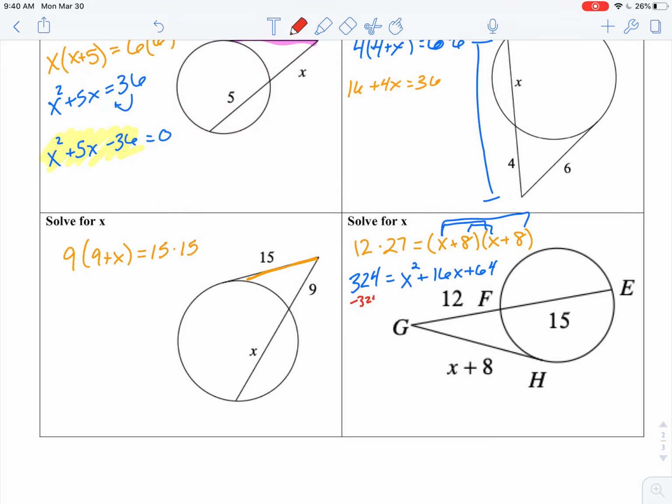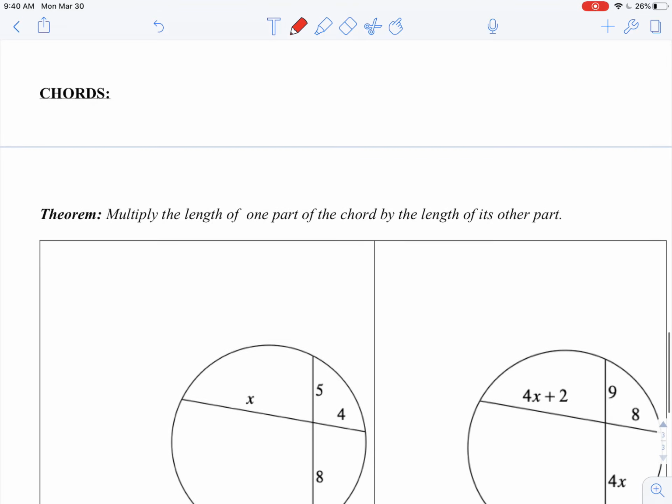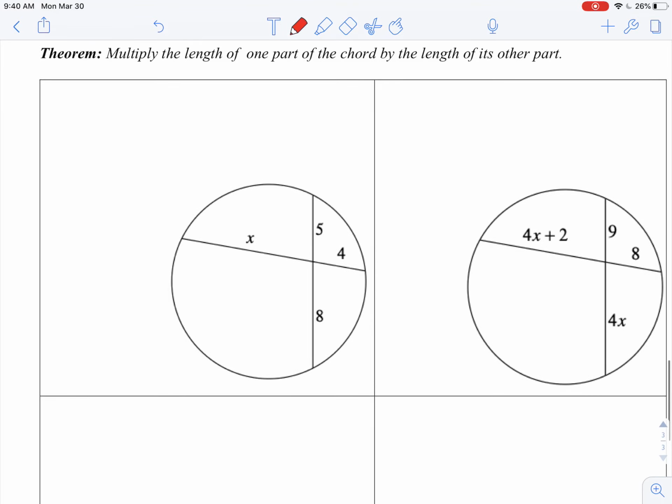Now I'll subtract 324 from both sides. So x squared plus 16x minus 260. And we will end up factoring that to solve for x. So we've got to find our factored form there.